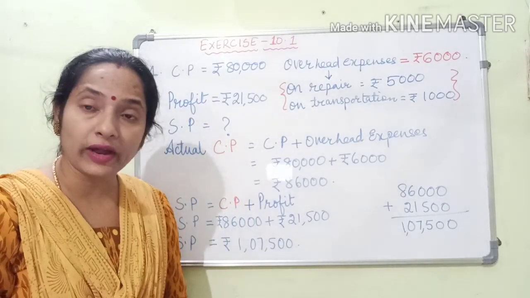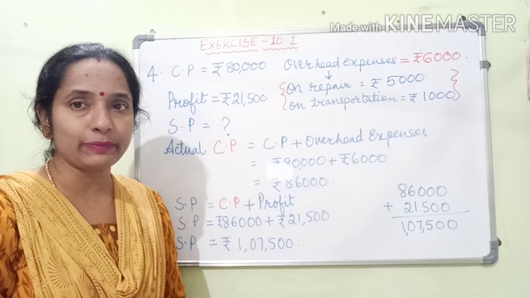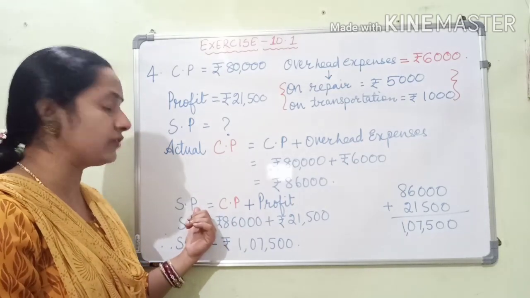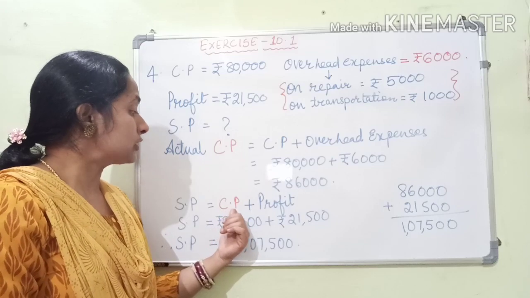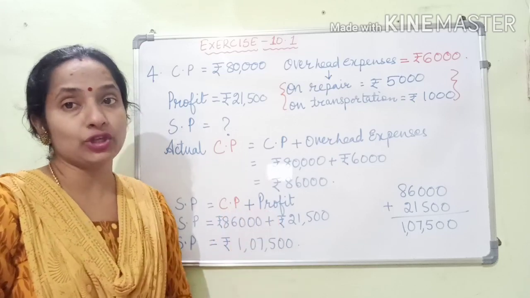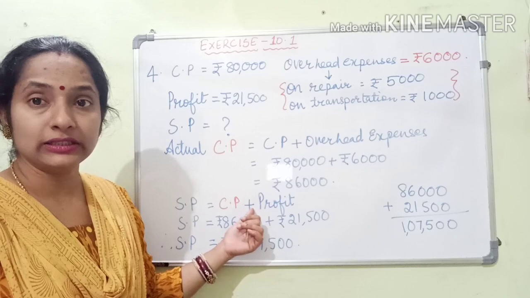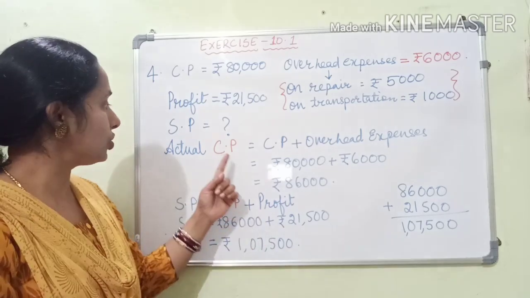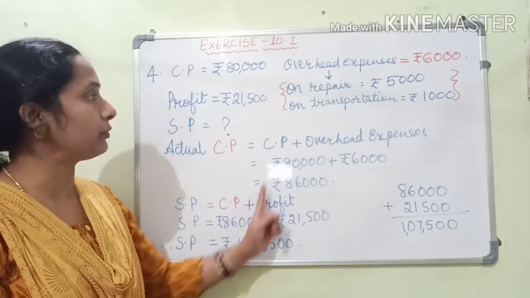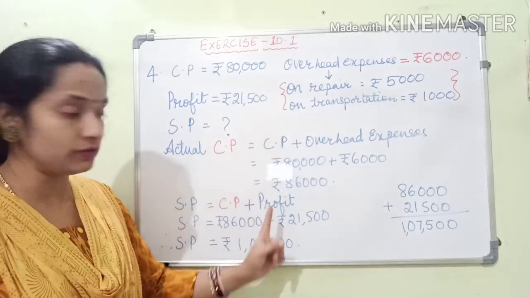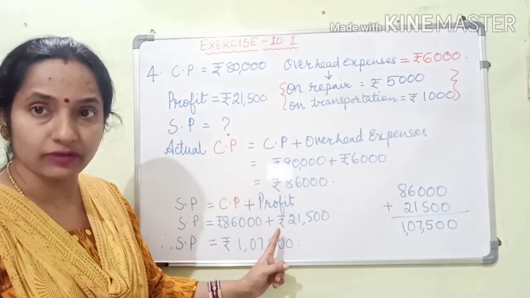Now we are going to find the selling price of the car. The formula for selling price when we have a profit is cost price plus profit. Here the cost price will be the actual cost price, 86,000, plus the profit of rupees 21,500.